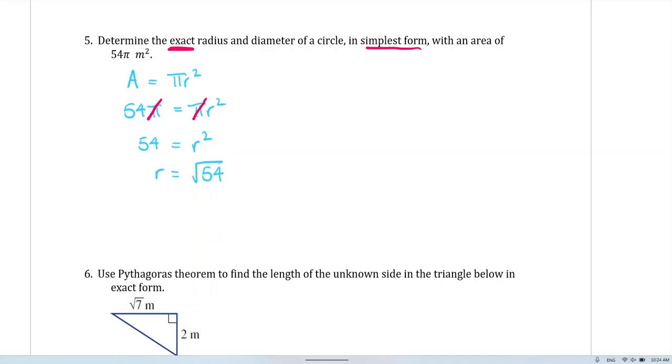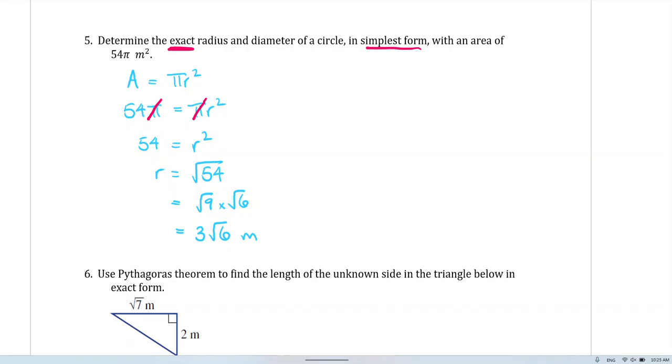Again, we only want the positive version because this is the radius of a circle. To simplify that surd, we're thinking what perfect square number goes into 54? The answer is 9. It is 9 times 6 that makes 54. Square root of 9 is 3, so my simplified radius is 3 root 6 meters.